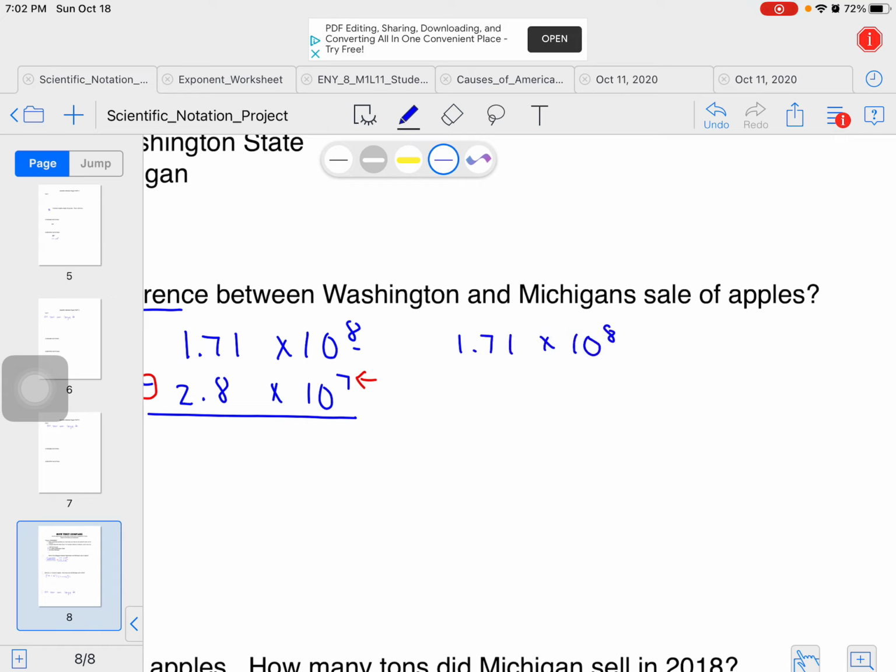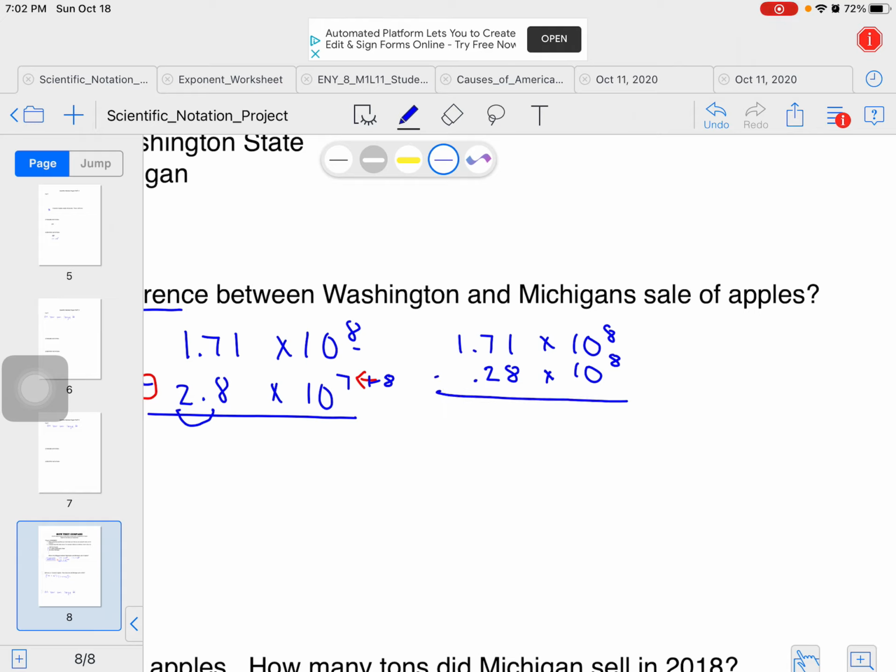And I can make this problem become an 8 by swooping my decimal one more time and adding 8. So now instead of 2.8, I now have the number 0.28, and so I will line up my problem times 10 to the 8. Now both exponents are the same and I can continue.